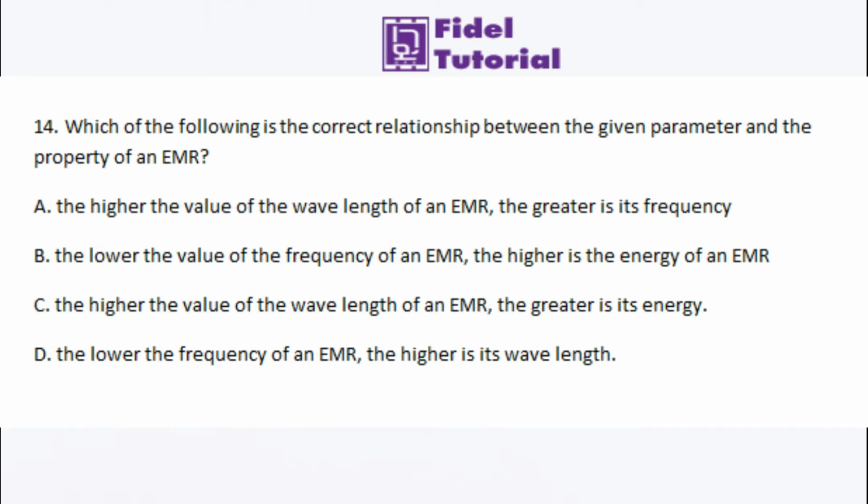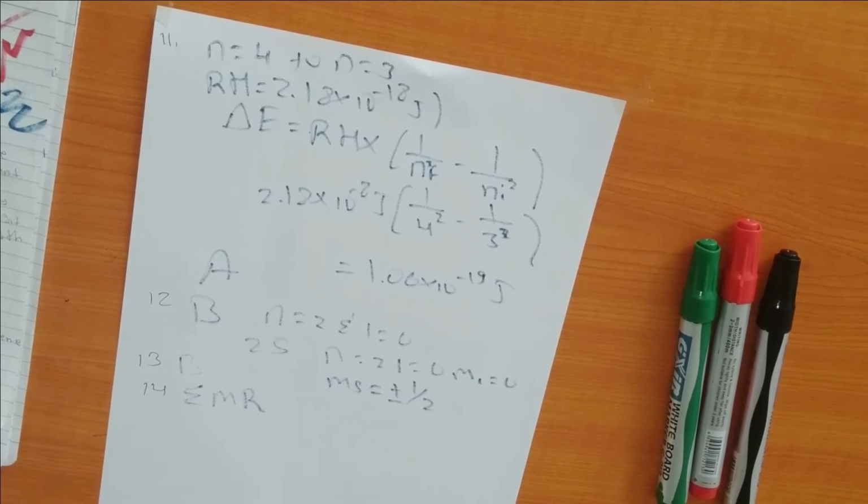C, the lower the frequency of the EMR, the higher its wavelength. So what does it say? From the formulations we can get the following relationships: energy and frequency are directly related, energy and wavelength are inversely related, frequency and wavelength are inversely related. So our answer will be D, the lower the frequency of an EMR, the higher its wavelength.